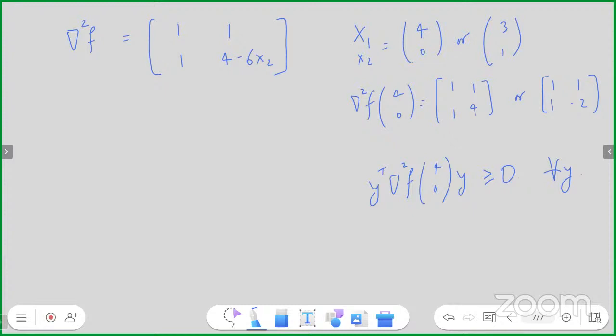Okay. Now we'll go to the sufficiency part, and we'll see what happens to this example after we prove the sufficiency condition. What do you expect to happen? Only in terms of gradients and the Hessian?